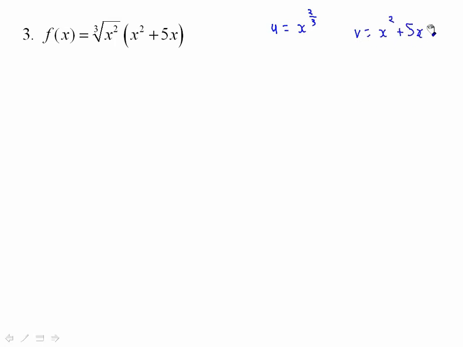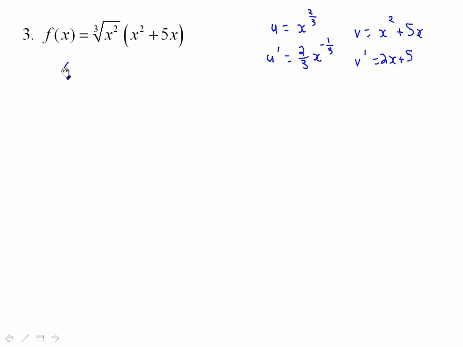So the point with this, if there is a point, is that we have to, as you know, put them in exponential form before you get too carried away with them. U prime then is equal to 2/3. X subtract 1 will give you negative 1/3. And then v prime is equal to 2x plus 5.